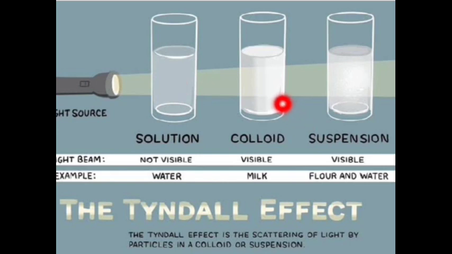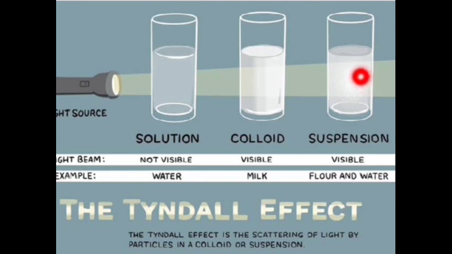Then milk in water is taken as colloid, and flour dissolved in water is taken as suspension. A beam of light is passed through these three types of solution with the help of this torch. What do we observe? We observe that the path of light is not visible in the true solution, but the path of light is visible in the colloidal solution and suspension.